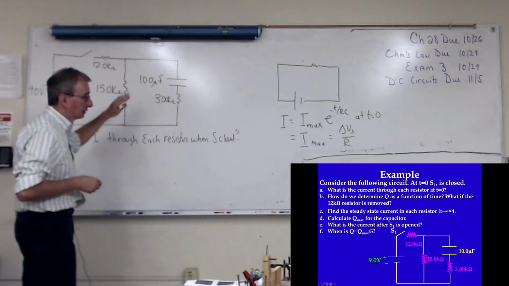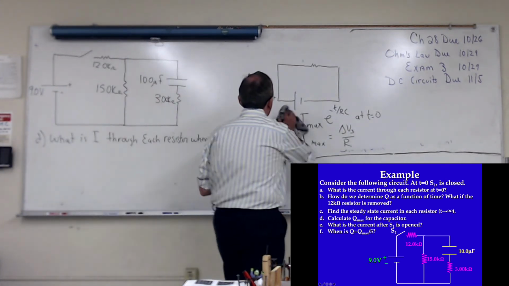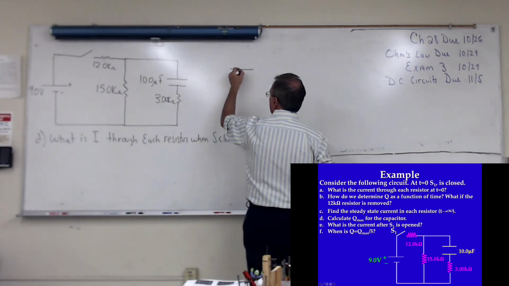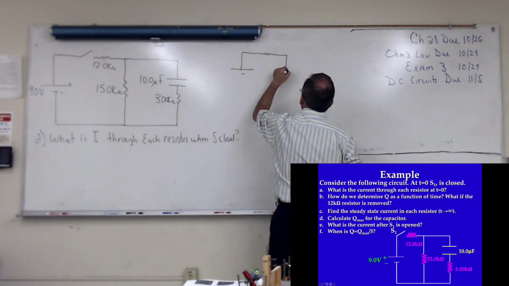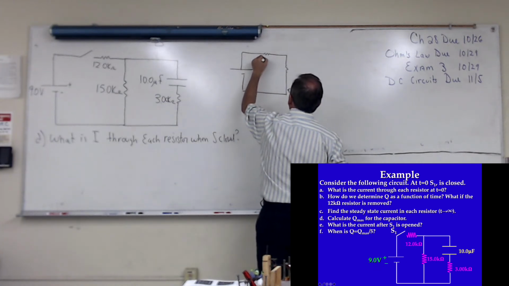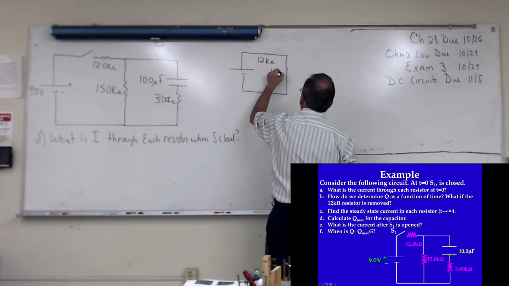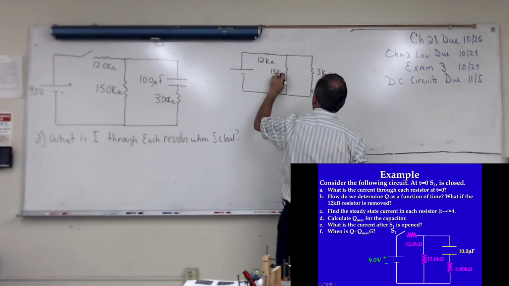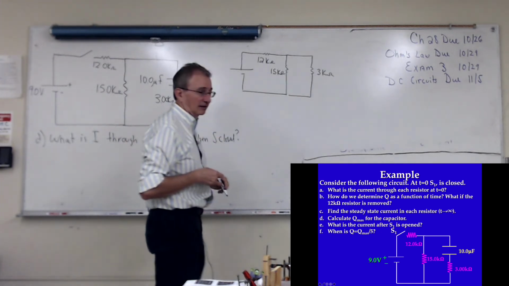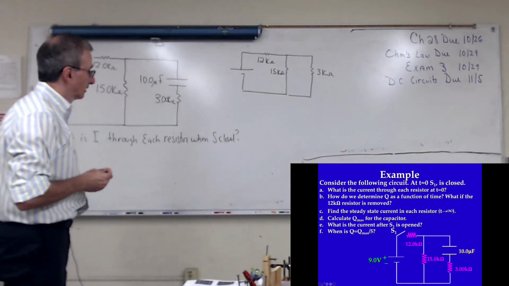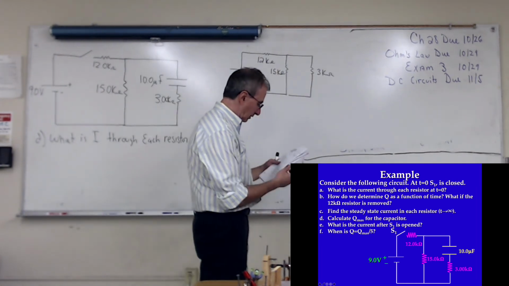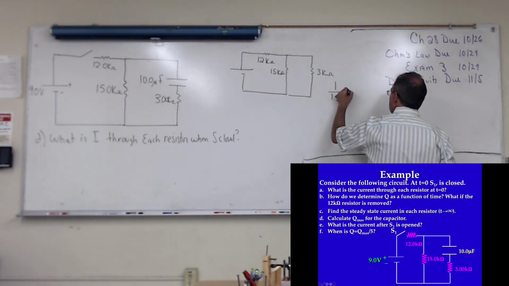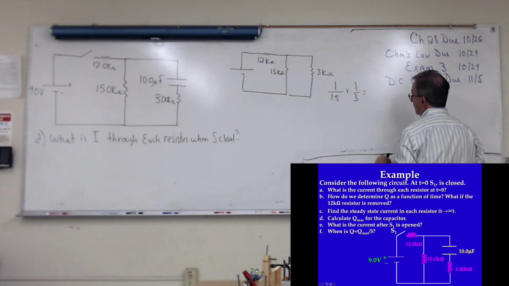So if that's the case here, then my circuit is going to look like this. And we all know how to solve that circuit, right? So we have these two in parallel. I've got to get a common denominator of 15.